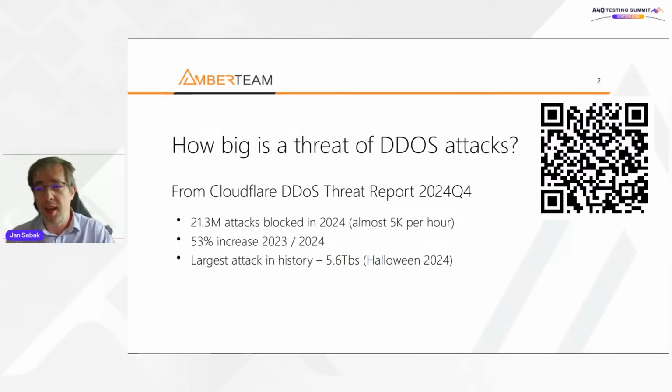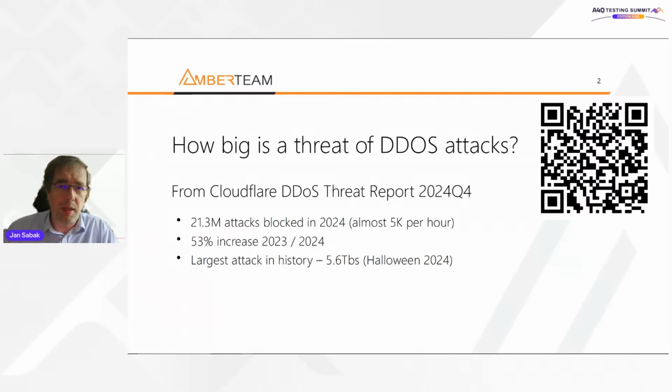And on Halloween 2024, there was the largest attack observed by Cloudflare, of course, because maybe there were some attacks that were not observed, not blocked. This largest attack was 5.6 terabits per second of throughput.